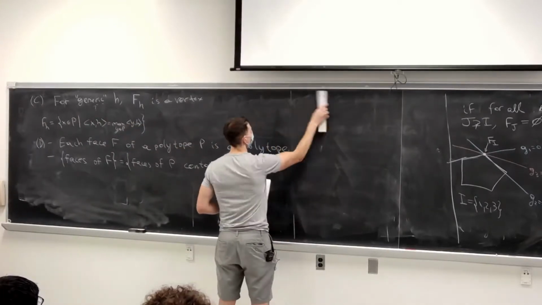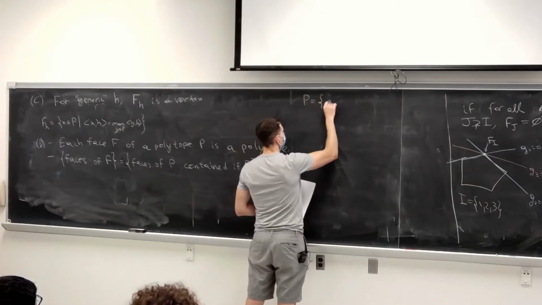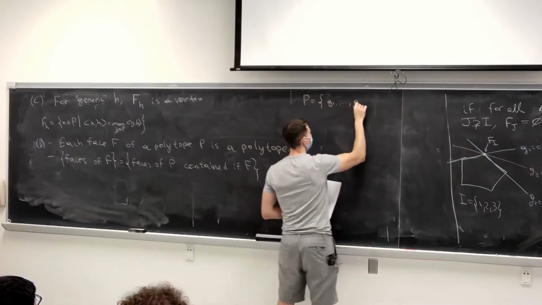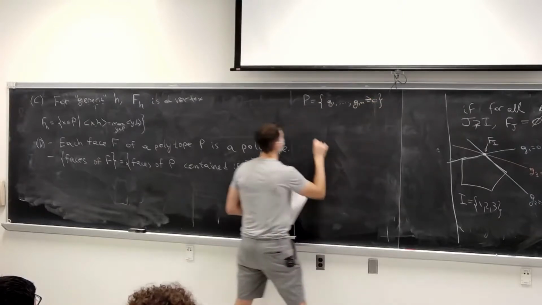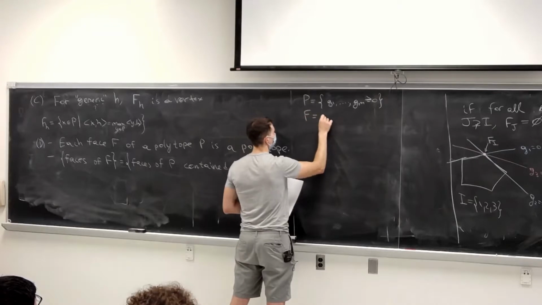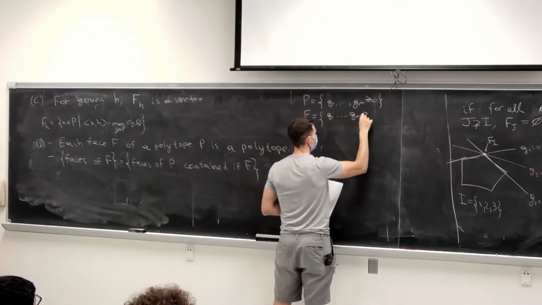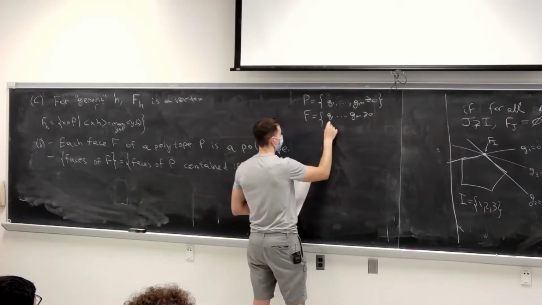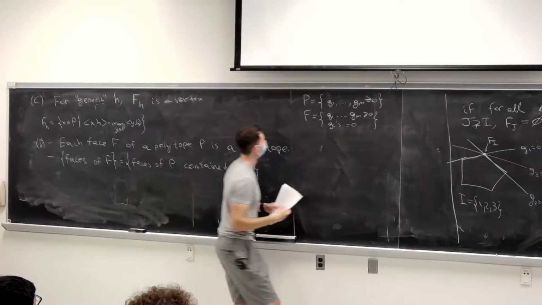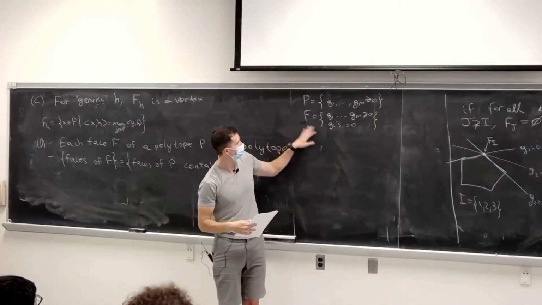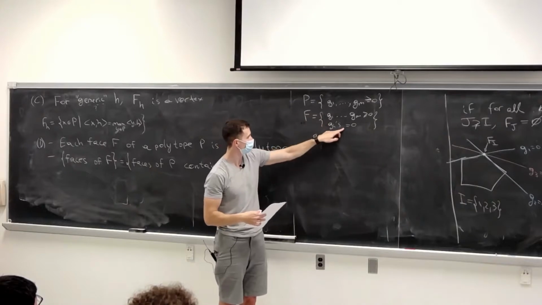Let me try to. So let's say P is given by g1, etc., gm non-negative, and then F is given by g1, etc., gm non-negative, and some of the g_i's are equal to 0. Then the faces of F would be you set some of these to 0 together with these equal to 0.